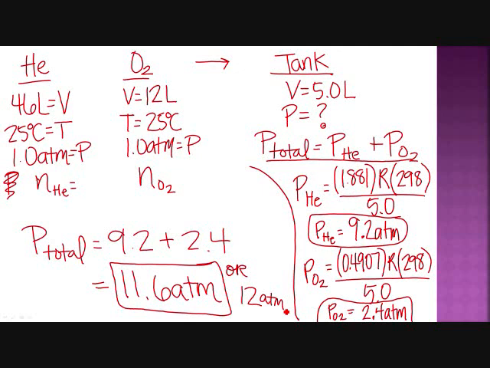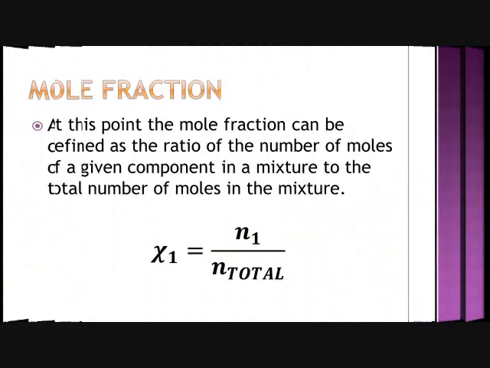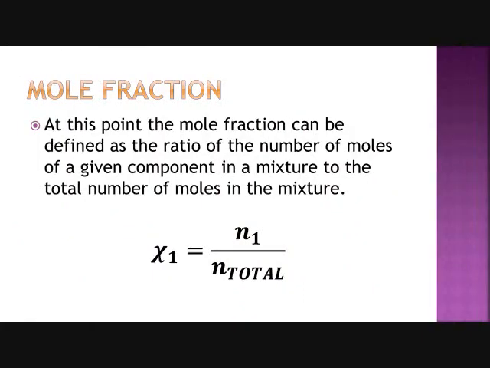You could use it multiple times within the same problem because you will have initial conditions and you'll have final conditions, and we're just assuming that the relationships stay the same between the pressures and the volumes, and the temperatures. So the last equation that we have is a mole fraction, which can be defined as a ratio of the number of moles of a given component in a mixture to the total number of moles in the mixture.